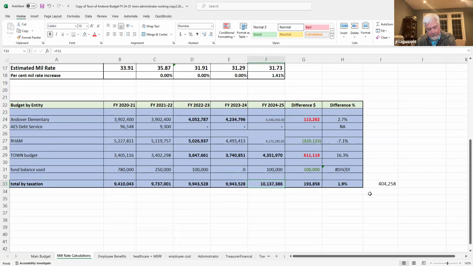I'm going to make a motion that we use $200,000 in fund balance to offset the monies raised by taxation. Paula? I'll second.